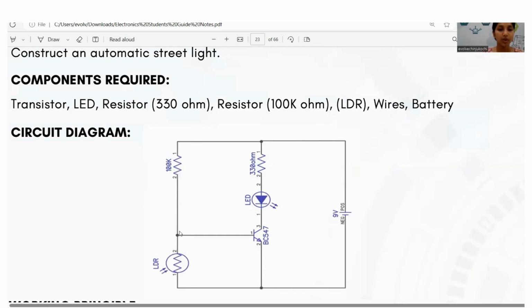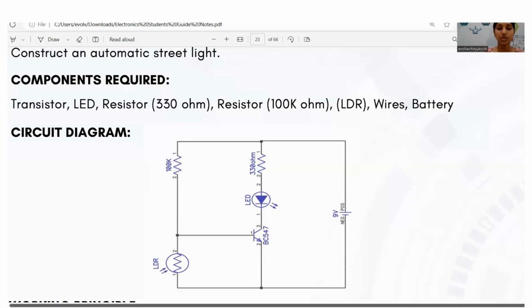The current flows to the transistor, and the transistor is acting like a switch. At night time, the transistor acts like a closed switch, so it becomes a closed circuit and the transistor turns on. So the LED gets the power and starts to glow. So that is the basic working of an automatic street light system.